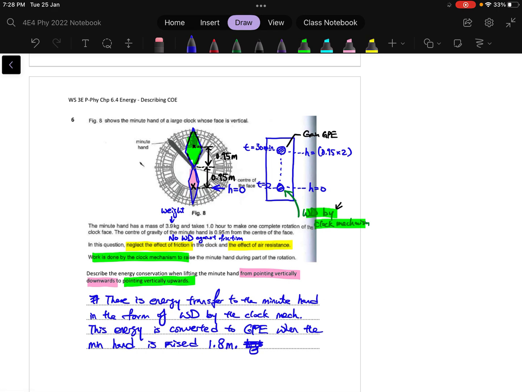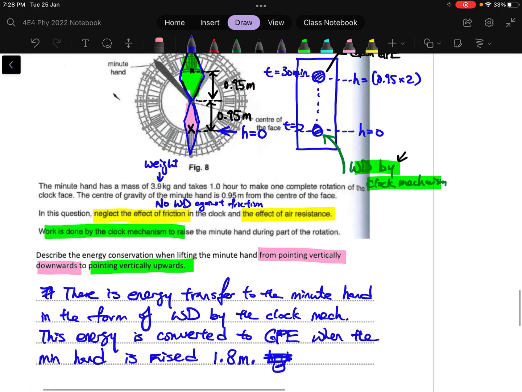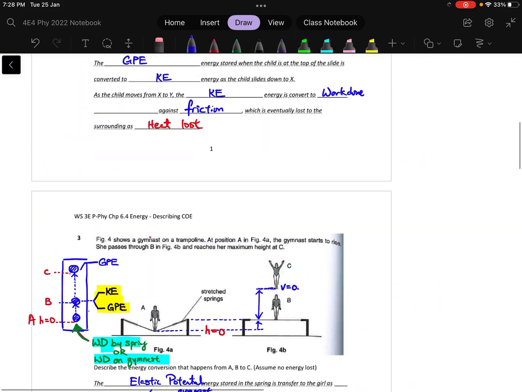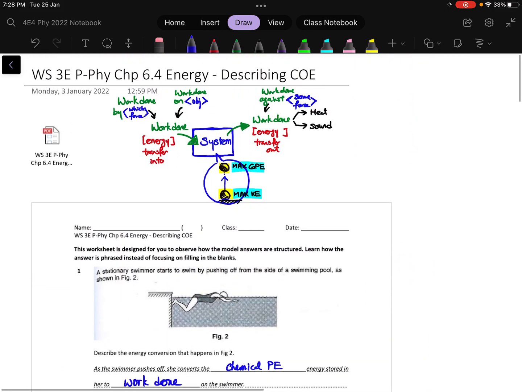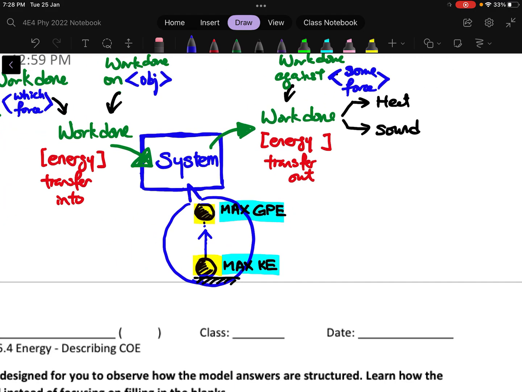So basically this entire worksheet is here to show you how you can describe energy conservation when you are given a certain system. And as you can see, if you recap, mainly there are only four types of energy, right? Within the system itself, there will be some change between GPE and KE.